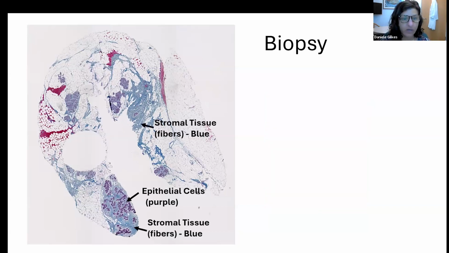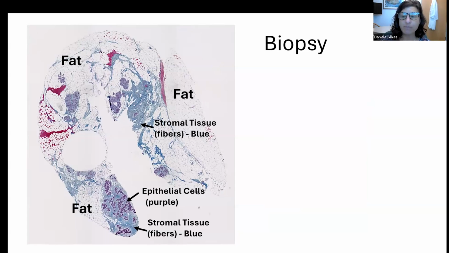What we also have is stromal tissue. This fibrous connective tissue shown here in blue contains collagen-producing cells, and these cells are known as fibroblasts, and this provides support to the breast. Lastly, what we have is fat tissue or adipose tissue, which surrounds and fills the spaces between the fibrous connective tissue, and that's all shown here.